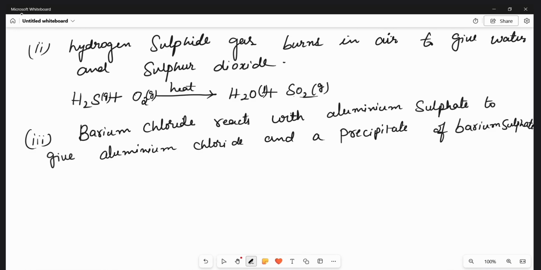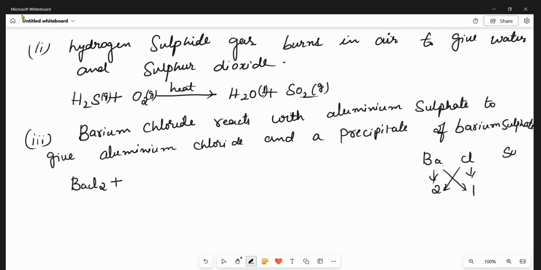See, barium chloride. Barium, Ba is the symbol. Chlorine Cl, barium valency 2, chlorine valency 1. So one barium reacts with two chlorine. You will get BaCl2 plus aluminium sulfate.